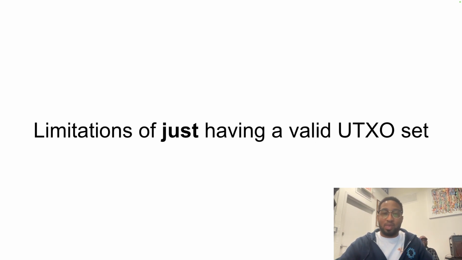So what are some limitations of just having a UTXO set? Well, you just mentioned history, right? You can't serve history. That is one of them. And anything else? I feel like the account system can't be done with a UTXO set, so it's a limitation. Like, you don't have my Bitcoin account, you just have the UTXO associated with the key you're holding.